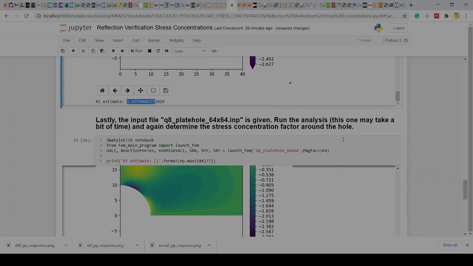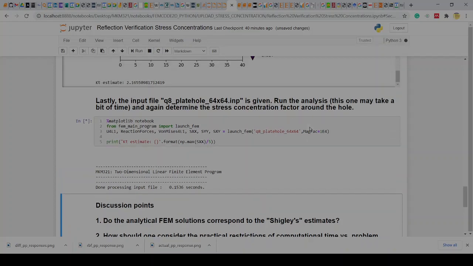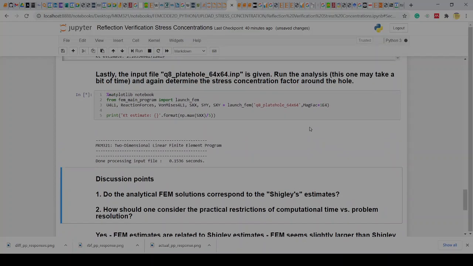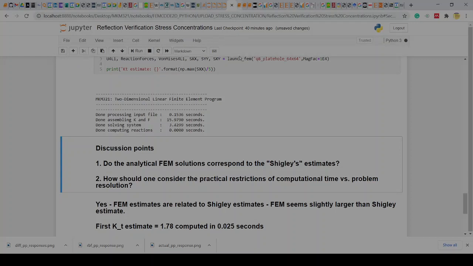And then lastly, if I run this 64 by 64 one, I'll wait a bit longer. You can see it's much longer, but I'm waiting.